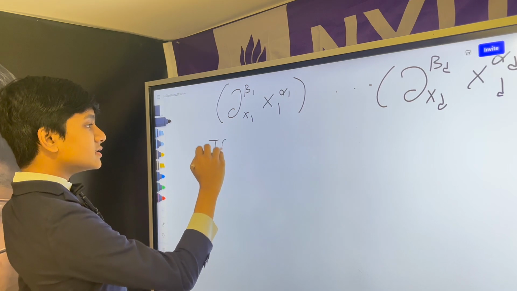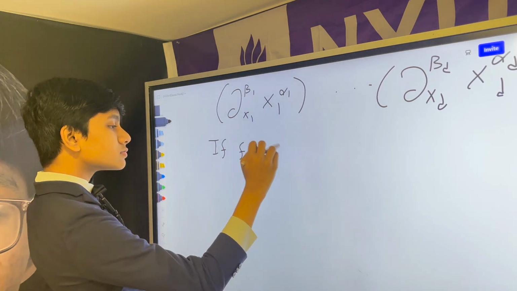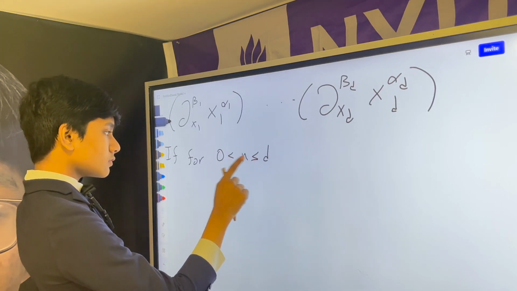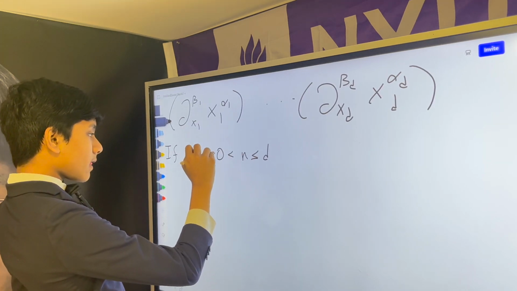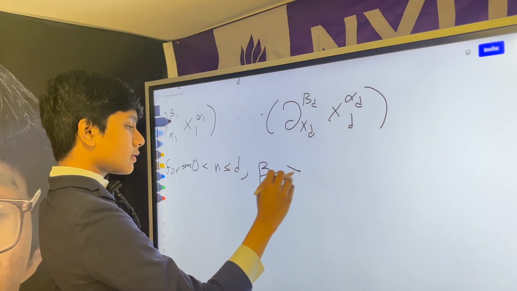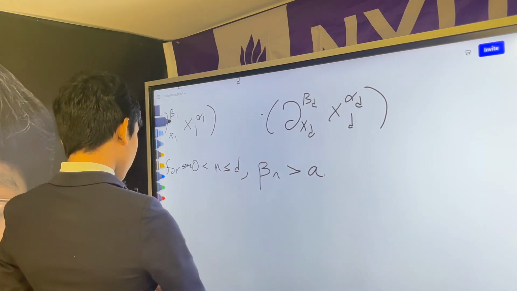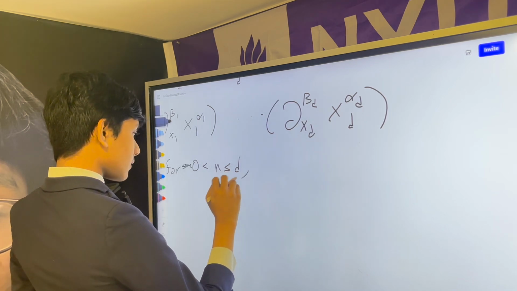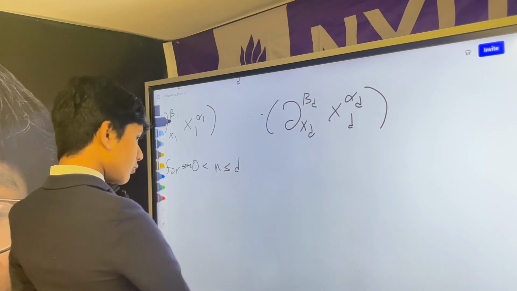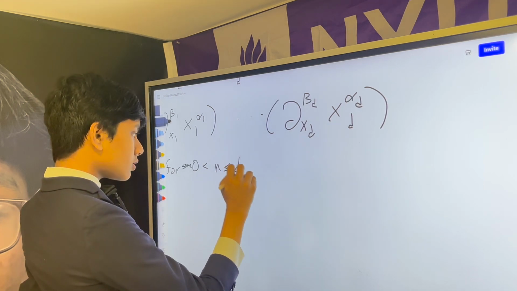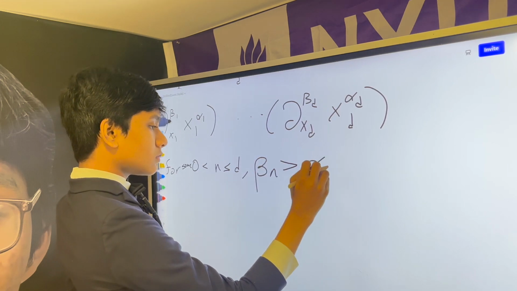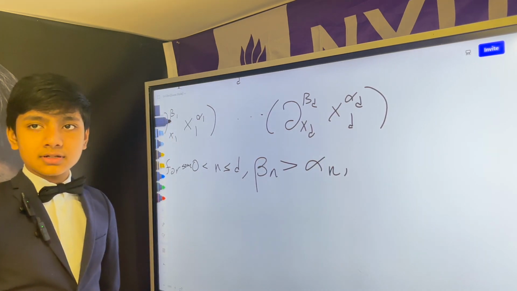Now here's what we have to realize. If for one of these terms beta n is greater than alpha n, what happens?